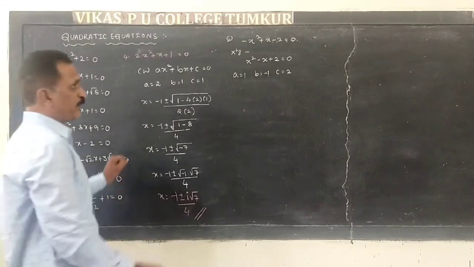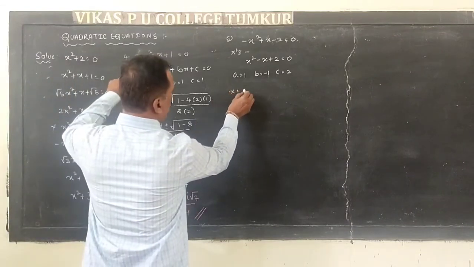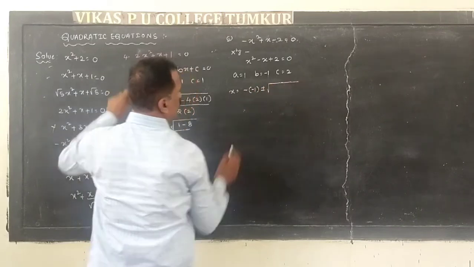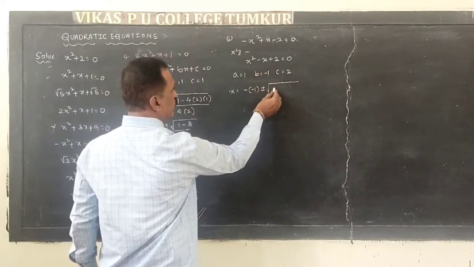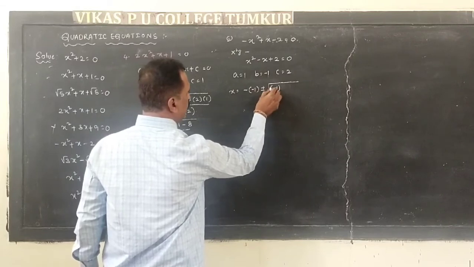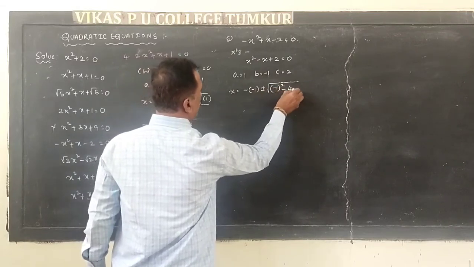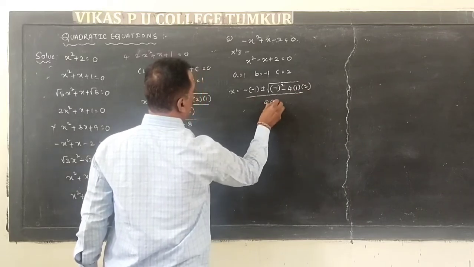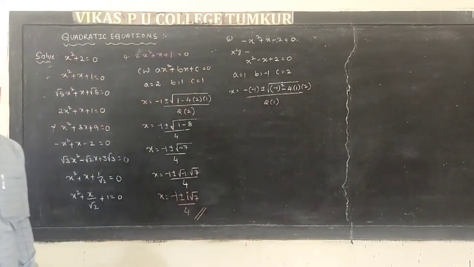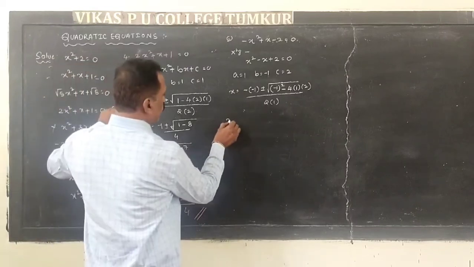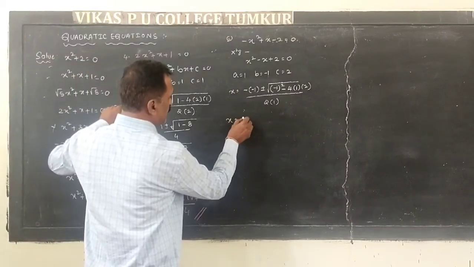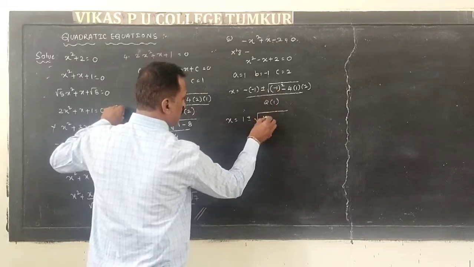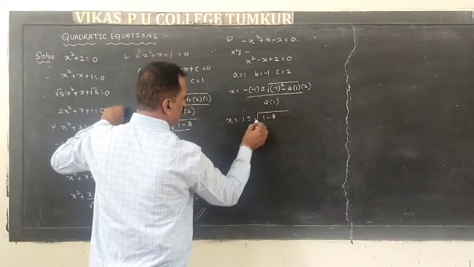Now write the values of x. x is equal to minus b, minus of minus 1, plus or minus root of b square, minus 1 whole square is plus 1, minus 4 times a into c, divided by 2a, which is 2 into 1. Then the value of x is equal to minus of minus is plus 1 plus or minus root of minus 1 whole square is plus 1 minus 8, divided by 2.